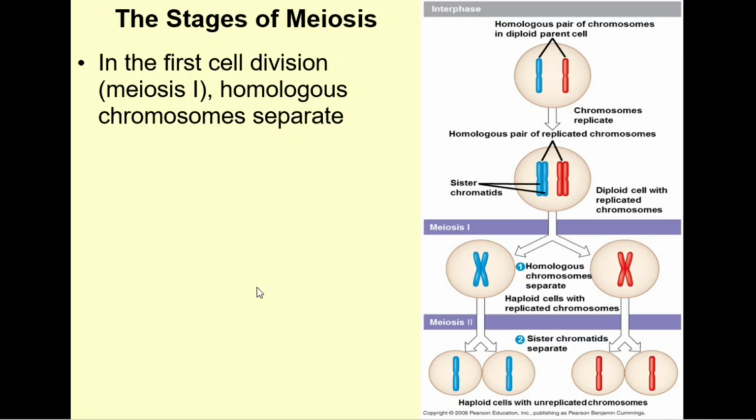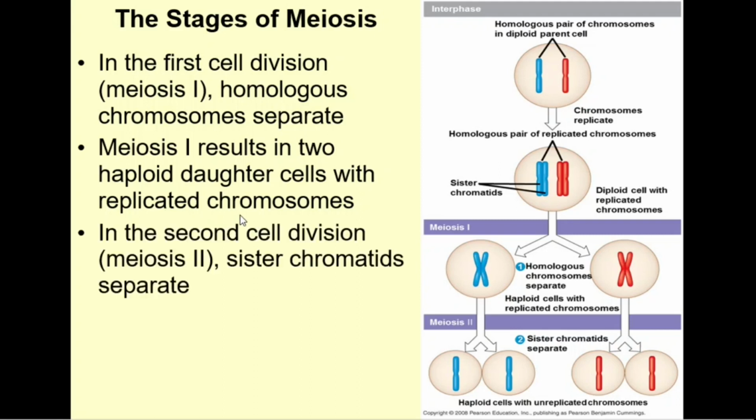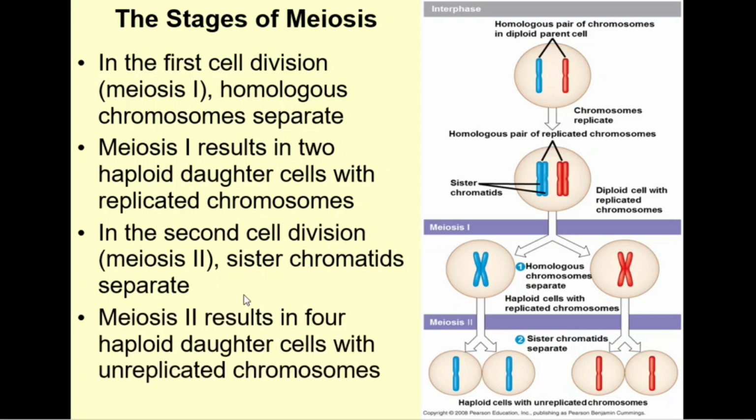And we can see that in the text here. In the first cell division, Meiosis I, homologous chromosomes separate. Meiosis I results in 2 haploid daughter cells, but the chromosomes are still replicated in the sense that they still have 2 sister chromatids. In Meiosis II, those sister chromatids separate.